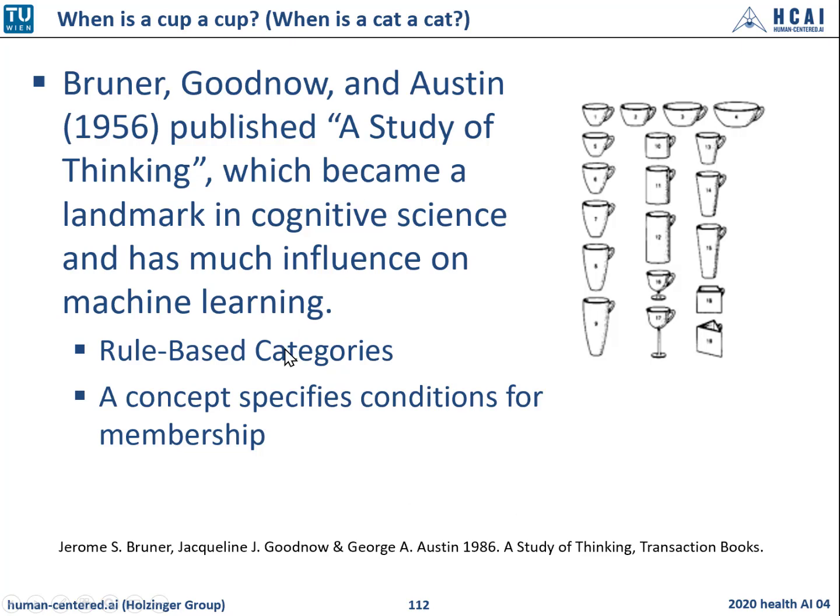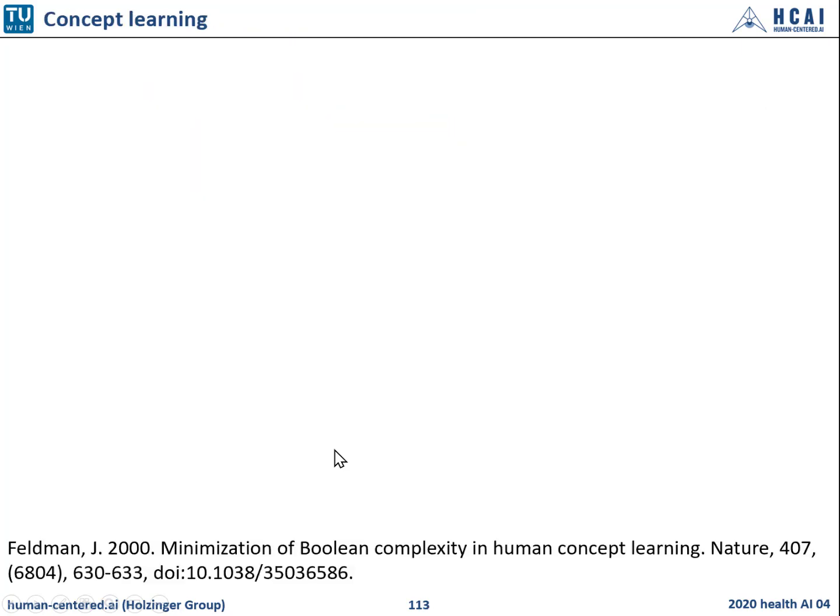This goes back to a very good work from Bruner, Goodnow and Austin. They published A Study of Thinking, and this became the landmark in cognitive science and has much influence on machine learning up to date. So they write about rule-based categories, and the concept specifies conditions for membership of this category. So this is really very awesome.